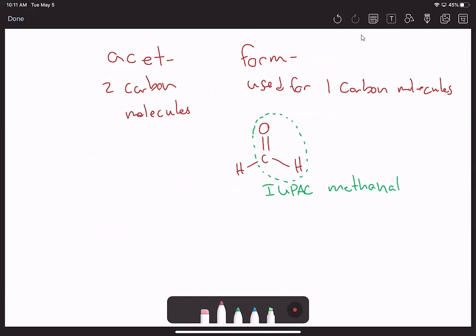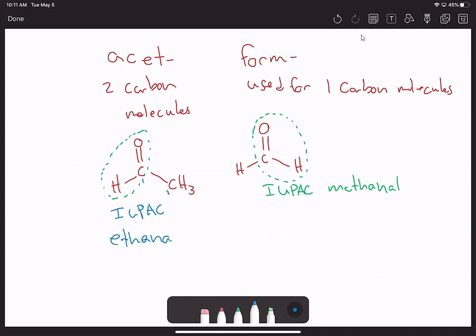If I draw another structure next door, again, I notice aldehyde functional group, but if we name the IUPAC, how we normally name these, because carbon number 1, carbon number 2, it's not ethane, but it's ethanal, methanal. But commonly, these are where we're going to use these prefix acete and form.